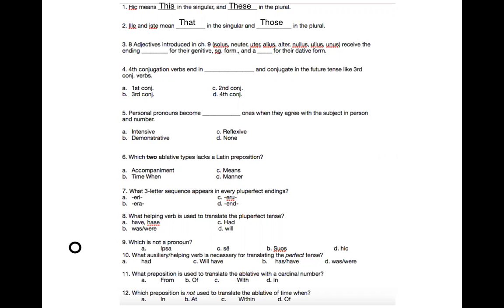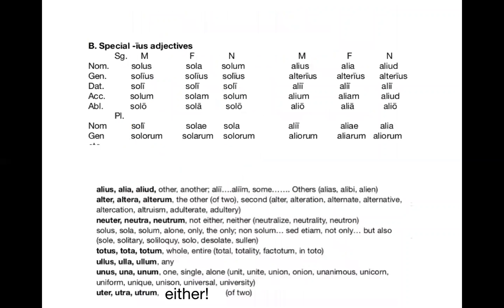But for whatever reason, their genitive singular and dative singular is a little odd. So if you look, that's an example of solus, which means alone or only, and alius, which borrows alterius's genitive. But they get the IUS ending for their genitive, and they get a long I, which is third declension style, for their dative. And like I said, everything else is normal first and second. So that's why those 2 endings really stand out. And that's all of them down there.